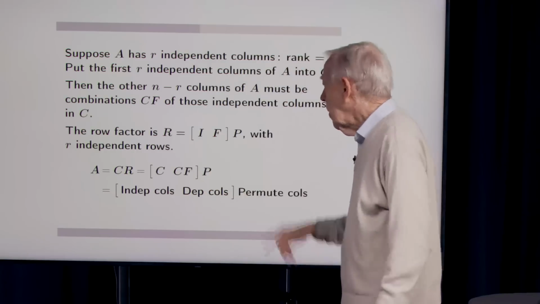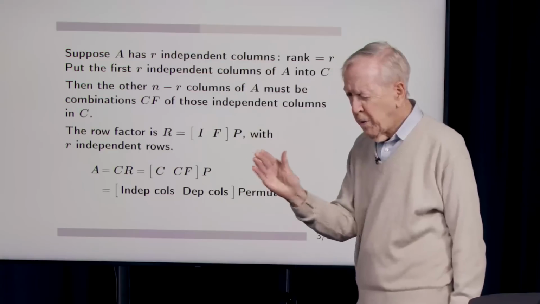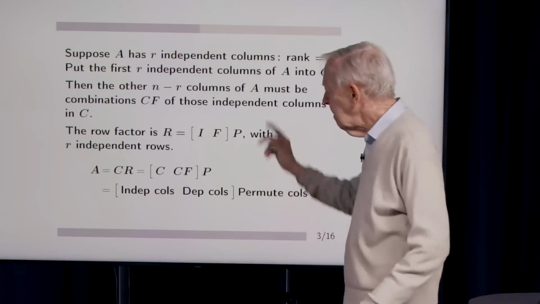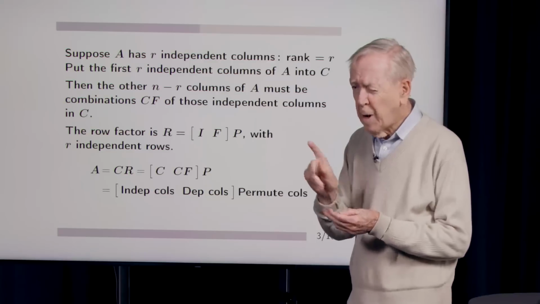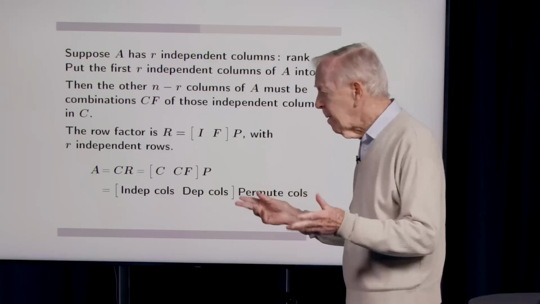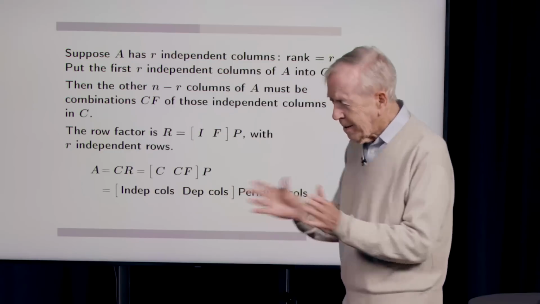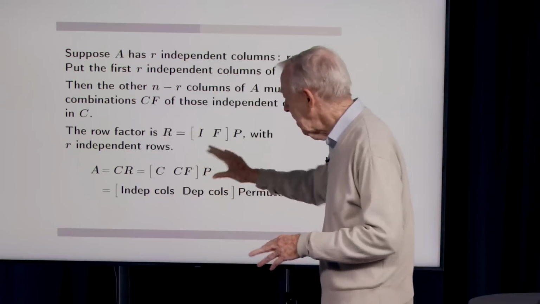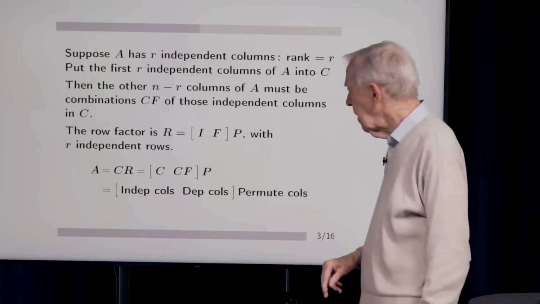And annoyingly, we may need to reorder the columns, because in my nice example, the independent columns came first, columns 1 and 2. But if I move those off to the right, then I need to get them back to the left again for my nice picture, and it's that permutation P that does it.